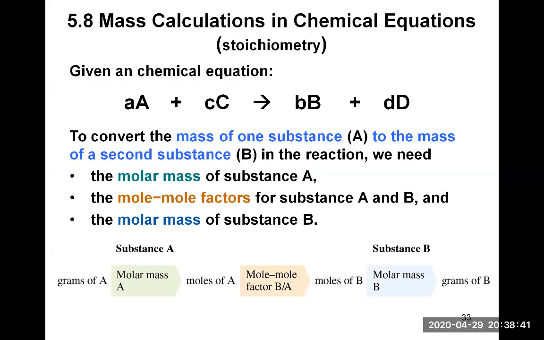You will have to change first the grams of A to moles of A using the molar mass of A. And then once you have the moles of A, you will use the mole-to-mole factor that will come from the coefficient in the chemical equation to change the moles of A to moles of B. And then because the question is asking for grams of B, you will use the molar mass of B to retrieve grams of B. And so this type of calculation typically requires 3 conversion factors: 2 from molar masses and 1 mole-to-mole factor that comes from the coefficient of the chemical equation.